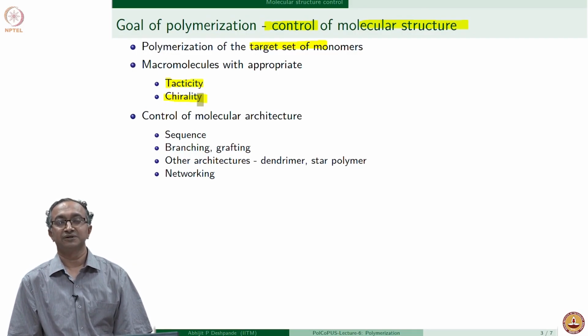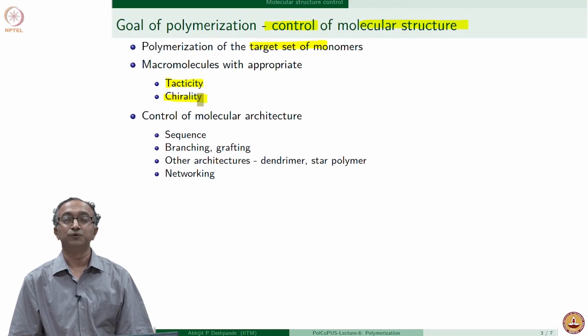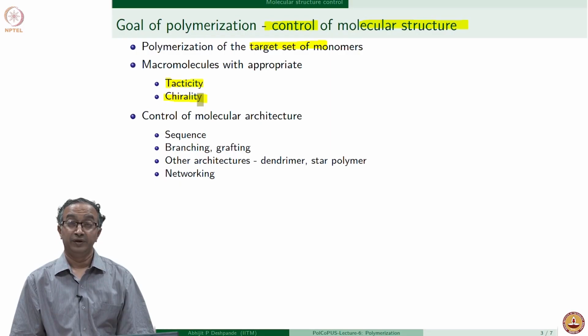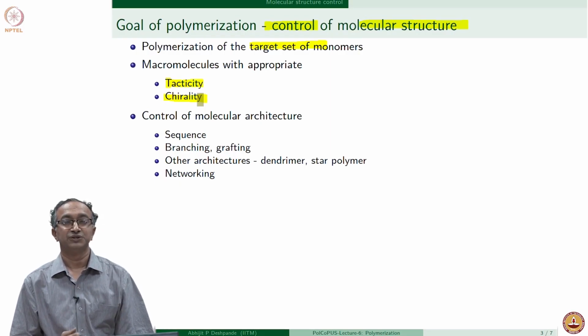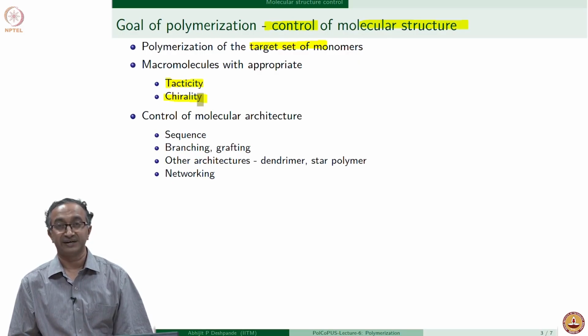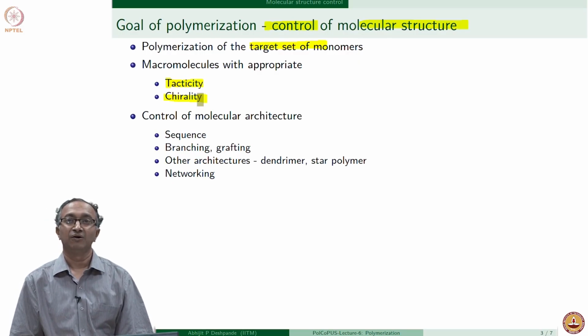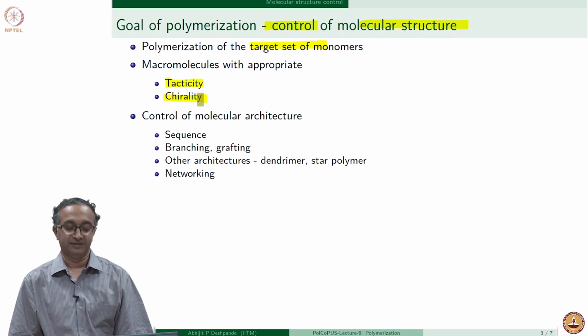These are related to the position of groups on a chain of macromolecule, and these are very important from the point of view of properties. So when a polymer is made, we need to make sure that it is isotactic, syndiotactic, or atactic, depending on the application, or it needs to have a certain chirality.